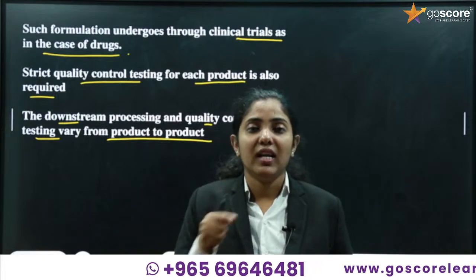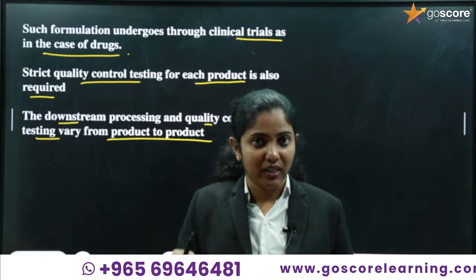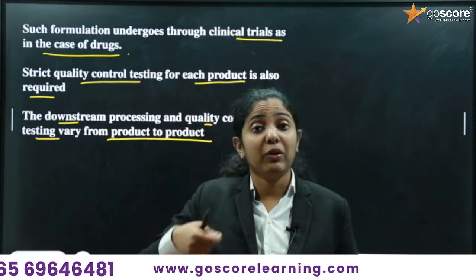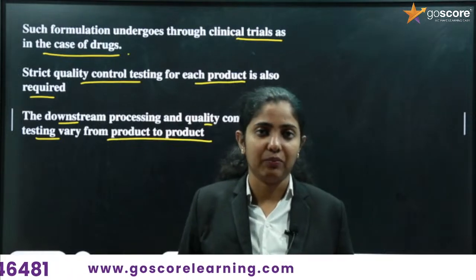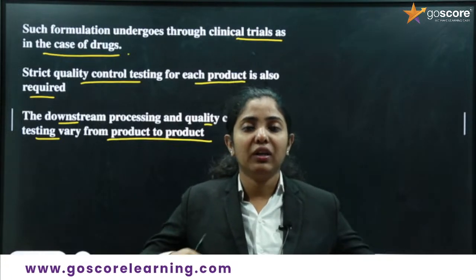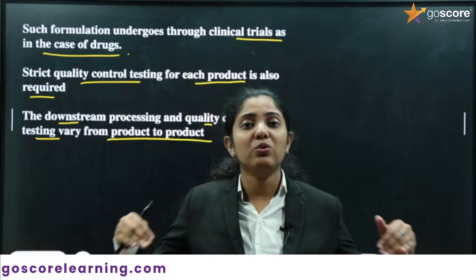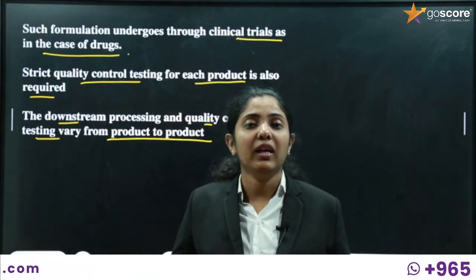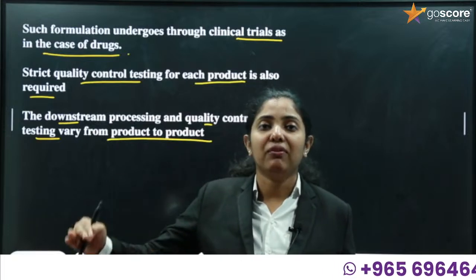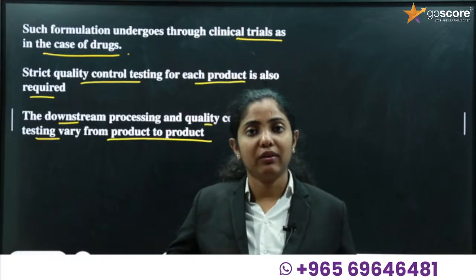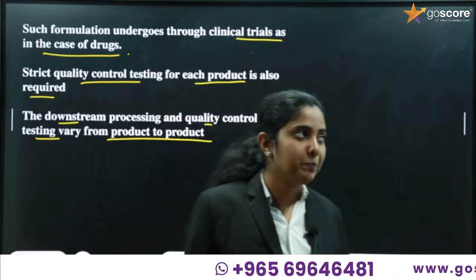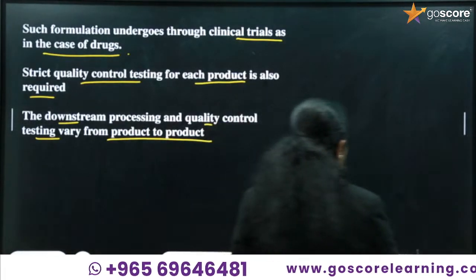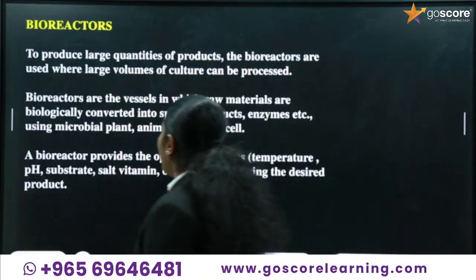But BT cotton can be taken and isolated, and it can be used for further plants to prevent pest organisms. So according to the different conditions, the downstream processing and the quality control methods will be different. It can vary from one particular product to the next. Okay, fine, got it?